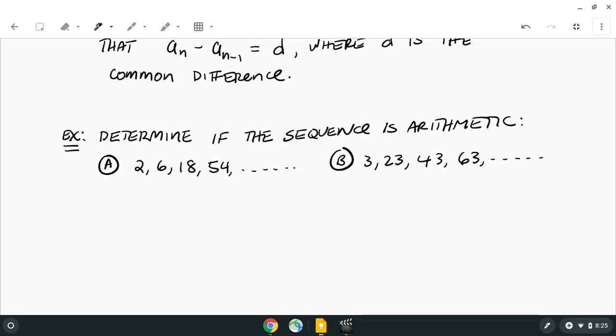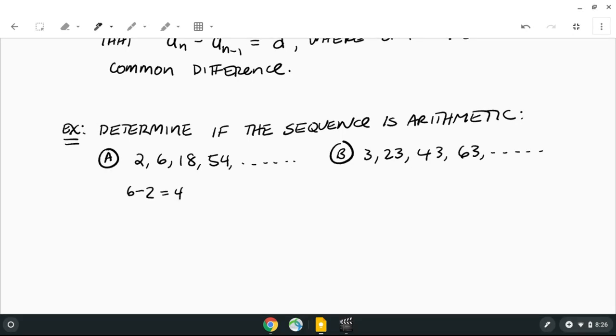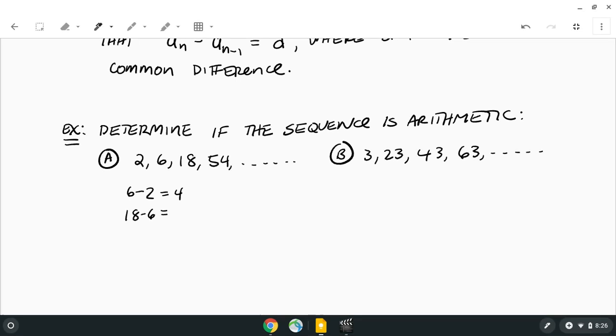In order for us to check, we want to see if, when we pick any number in the sequence and subtract the one before it, we always get the same number. I'm going to do this in an organized way. I'll try 6 minus 2 and see what I get, and 18 minus 6. It's not going to be 4. So I don't even have to check.